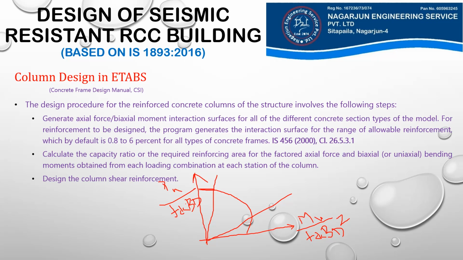One is this section, the second is this section, and the third is this section. So let me call these 1, 2, and 3. This first region is known as the minimum eccentricity region. In this region, the columns are designed in which the dominating force is axial load.